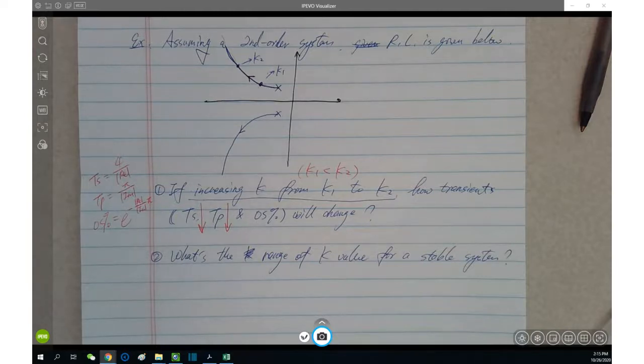Right. And the last one, overshoot. Does anyone have any conclusion here? I would almost think that we would have to take the slope to figure out when it's all of a sudden. Exactly. So the conclusion is what?